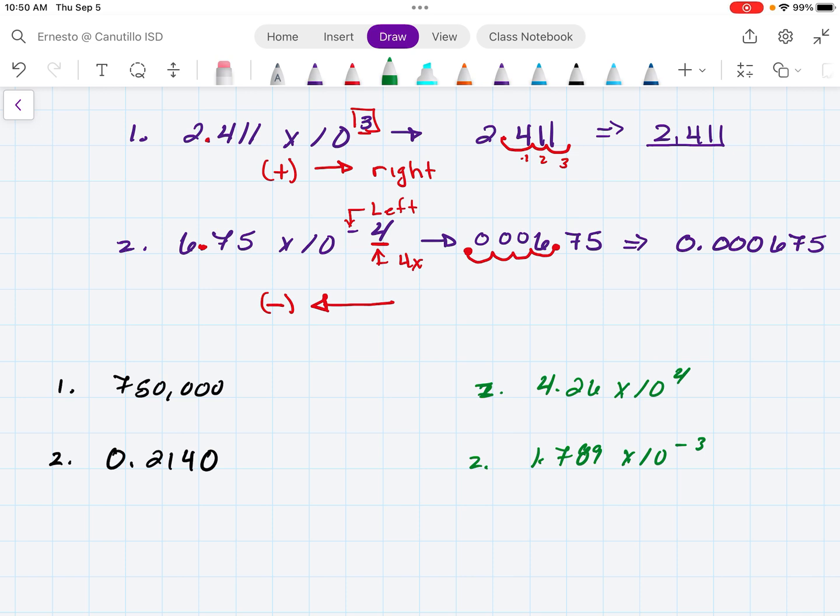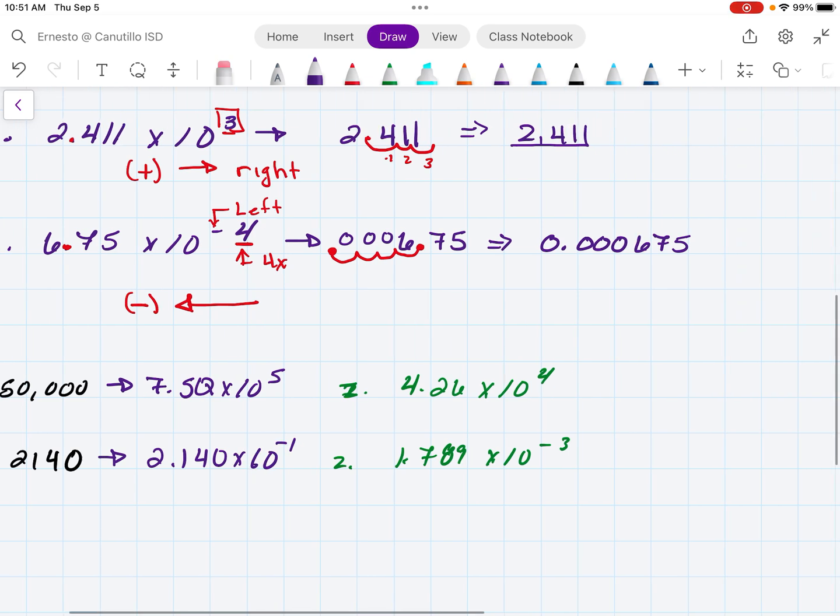Okay, so you should have come back here. Here's the answer for the first one. So the first one in scientific notation is going to be 7.50 times 10 to the 5th. Here, we're going to end up with 2.140 times 10 to the negative 1.